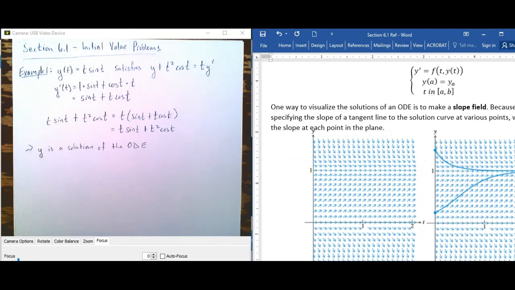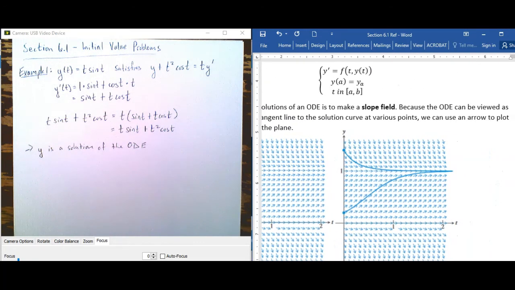Over here we can see a couple of the solution curves drawn on the slope field. It looks like when t is 0 and y is 0.2, we get this solution curve here. When t is 0 and y is, let's say, 1.4, we get this solution curve here.